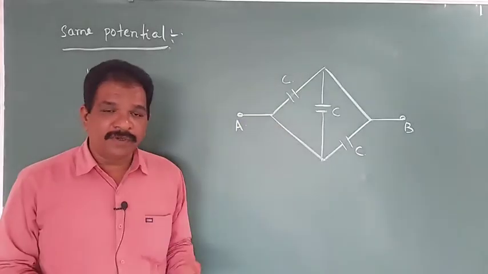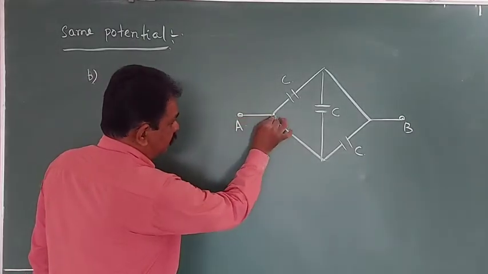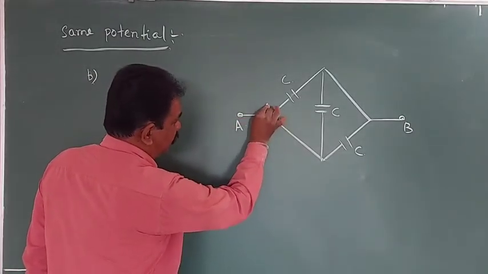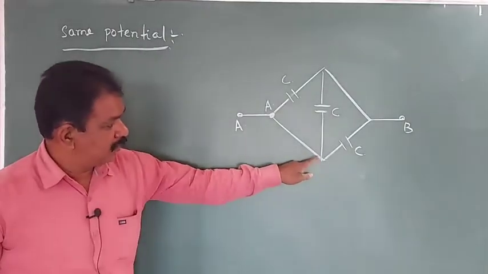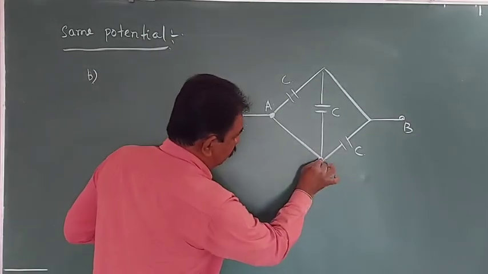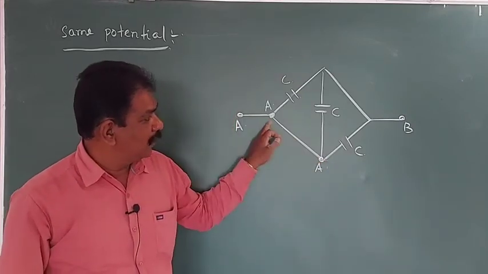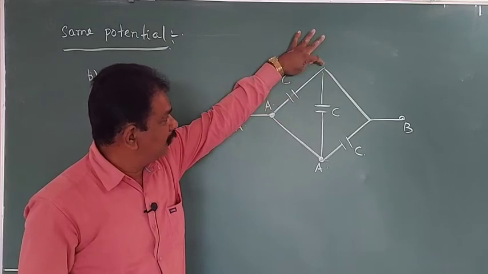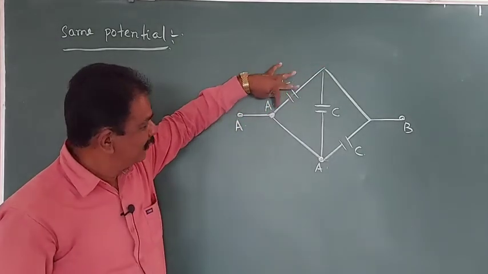Same potential point, same potential method only. Here A, what to write? A. Here what to write? A. Clear, just wire is there. Here you can't write A. Why? Capacitor is there.